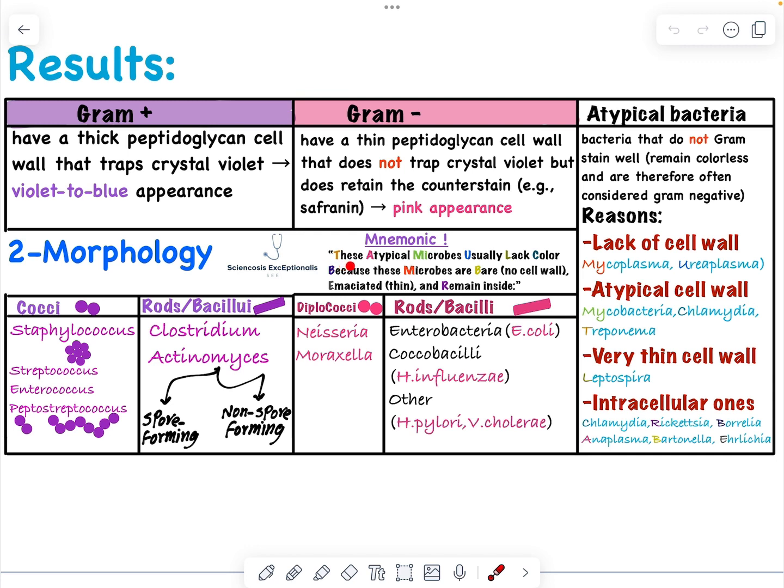This refers to Treponema, Anaplasma, microbes, Mycobacteria, usually, Ureaplasma, lack, Leptospira, color, Chlamydia, because, Borrelia, microbes, Mycoplasma, bare, Bartonella, emaciated, Reliquia, remain, Rickettsia.